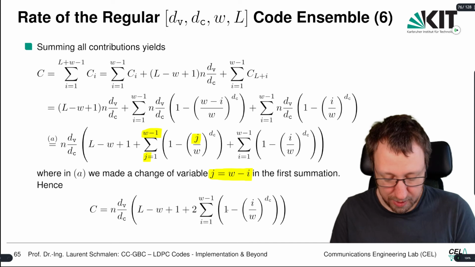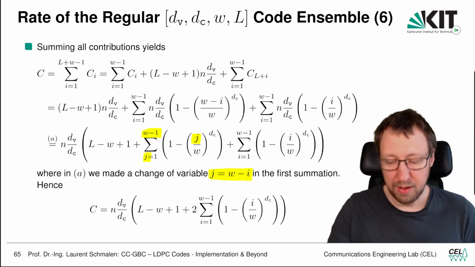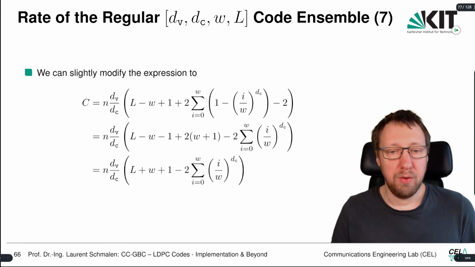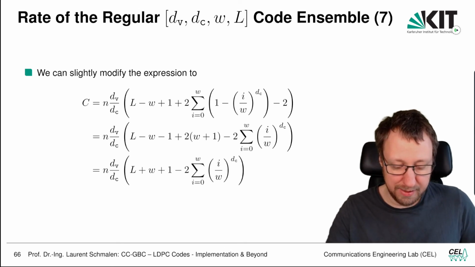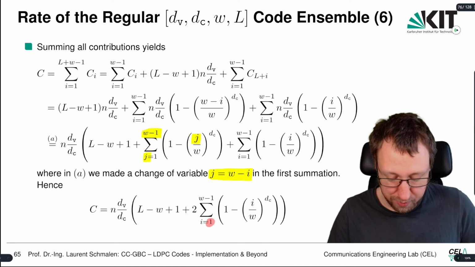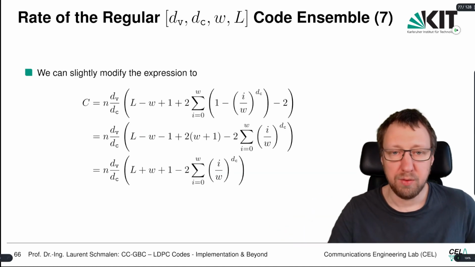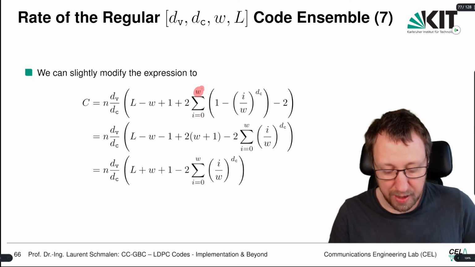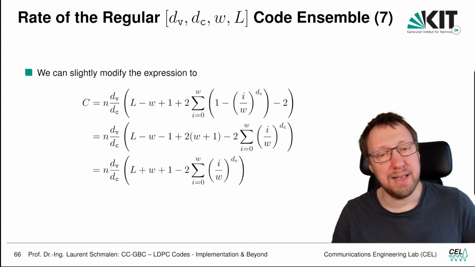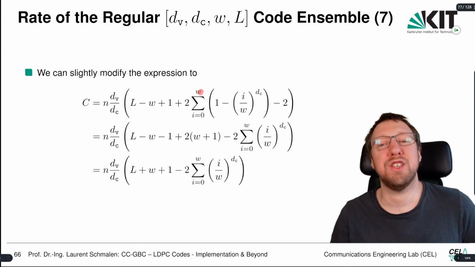So this is a summation over 1 to W minus 1. Let's do this. We can express the summation also going from 0 to W, then subtract the remaining terms. So we go from 0 to W, and now we need to subtract the cases for i equals 0 and i equals W. These are just 2.